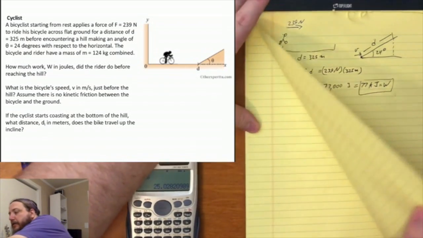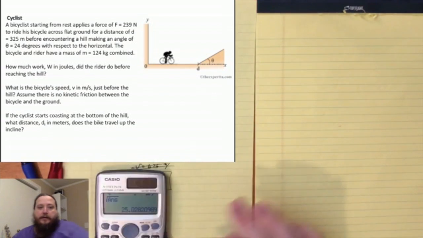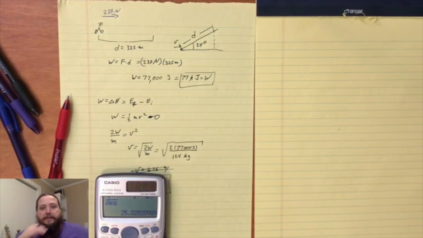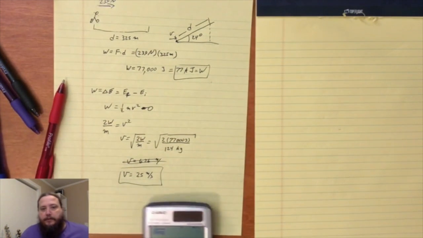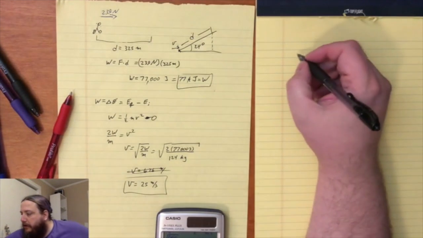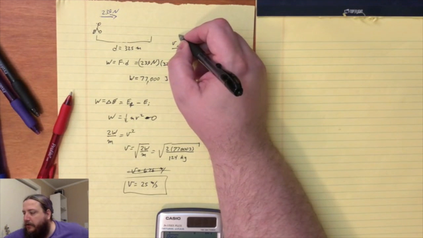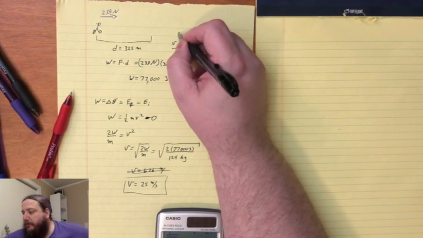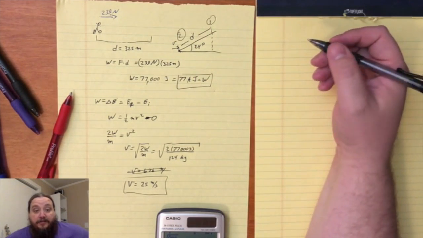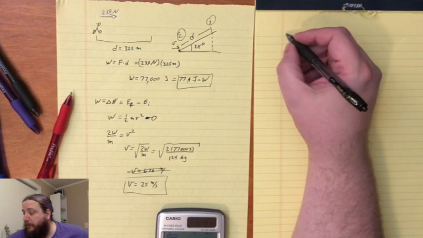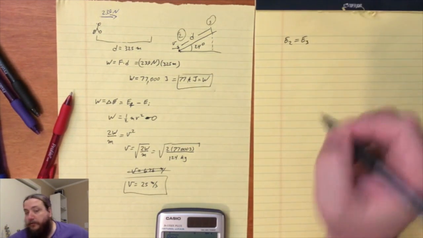Let's give ourselves a new page to work on. Well, if we call this moment 2 and this moment 3, again, energy is going to be conserved between moments 2 and 3. So the energy at moment 2 equals the energy at moment 3.